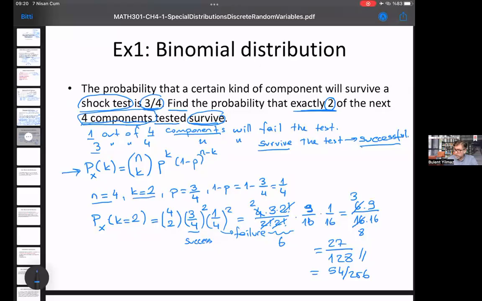I'm interested in exactly 2 of the next 4 components to survive. And the survival probability is 3/4. The failure probability is 1/4. And I put it in the formulation and find out the result as 27/128. Okay? I'm not interested in exactly 0 point something. Just 27/128 is fine for me.